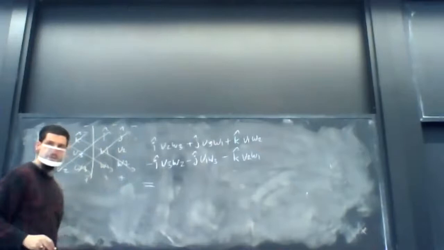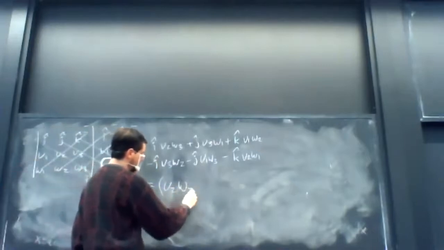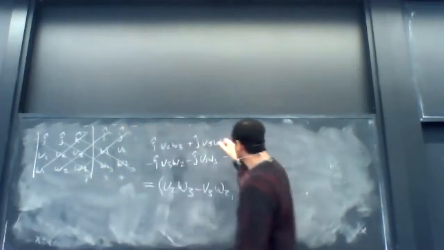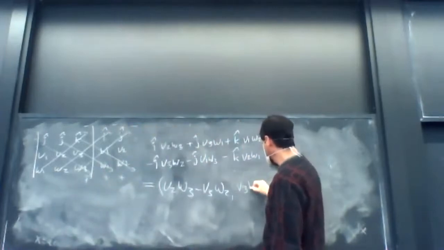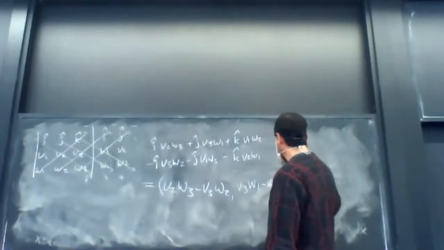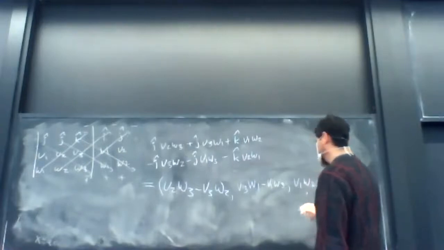So if I collect, the first coordinate is v2, w3 minus v3, w2. The second component is v3 w1 minus v1 w3, and the last one is v1 w2 minus v2 w1.